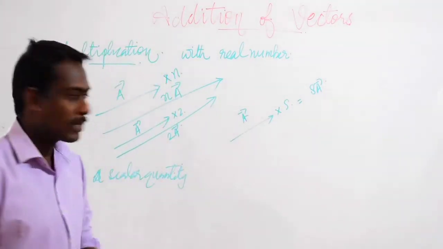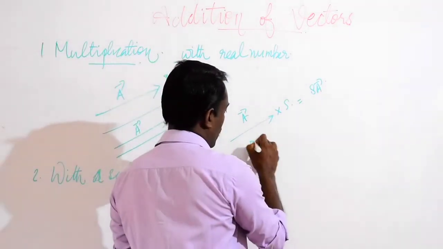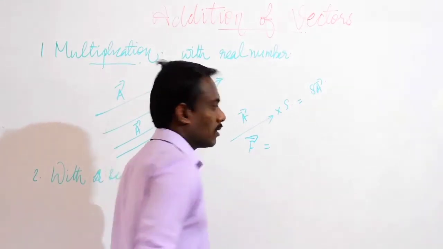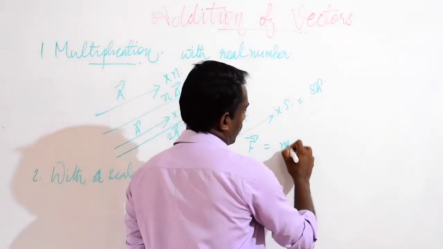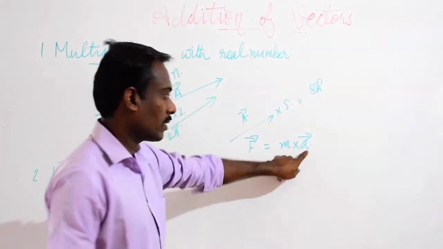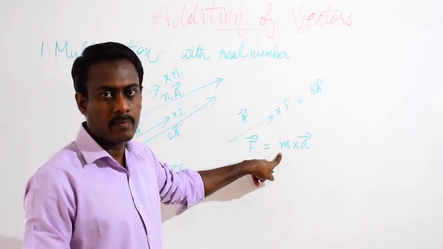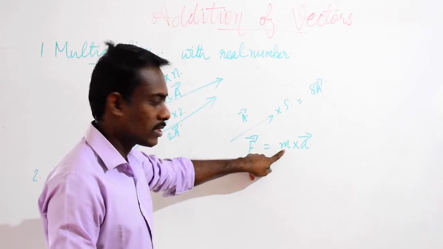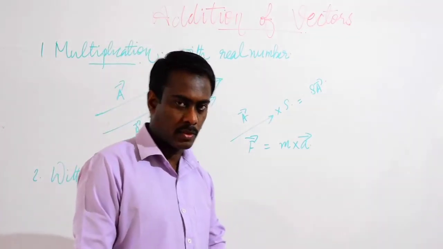There are a lot of examples of a vector multiplied with a scalar quantity. For example, force, as we know, is a vector quantity, and force is m into A, where A is the acceleration, a vector quantity, and m, mass, is a scalar quantity. It has no direction, only magnitude, but acceleration has both direction and magnitude.